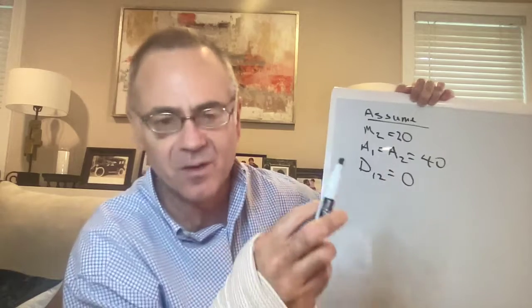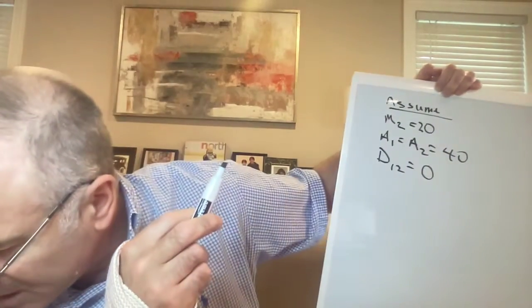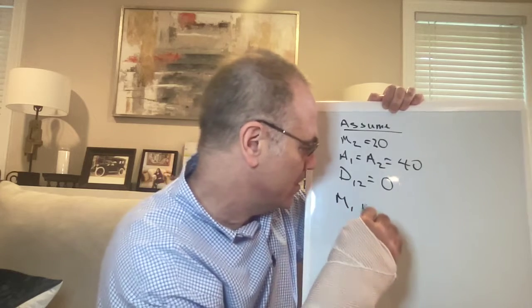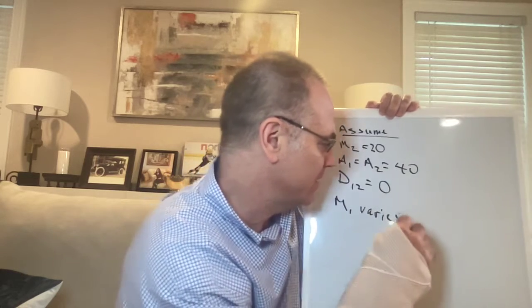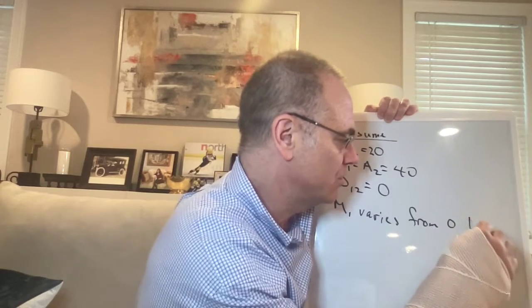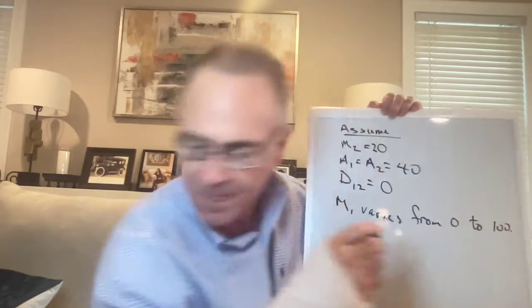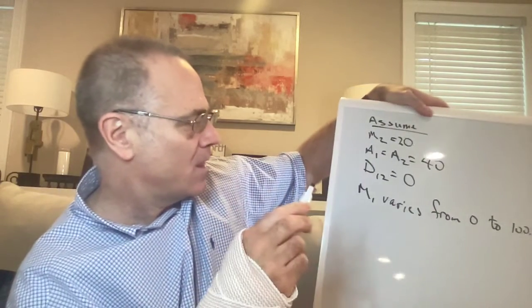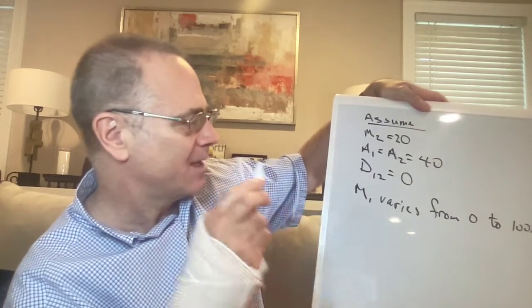So at least one of them is not a democracy. And then M1 varies from 0 to 100.